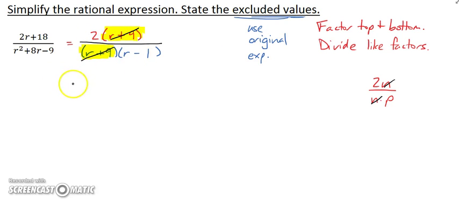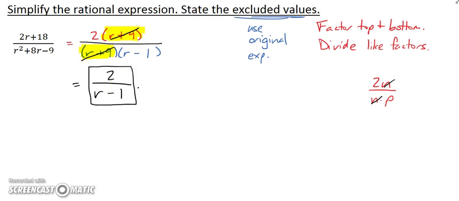So my simplified expression is simply 2 divided by r minus 1, because I divided out all the other common factors. So here's my answer for part 1 of the problem. My simplified expression: I can divide out the common factors, and I'm left with 2 divided by r minus 1.